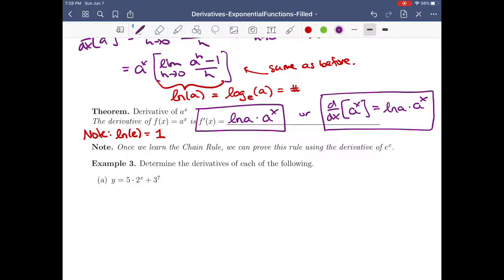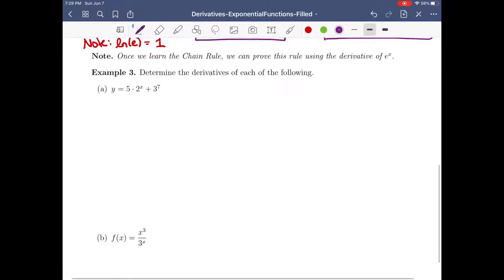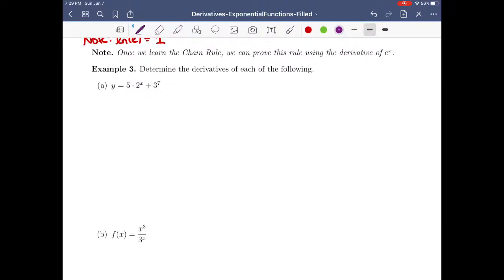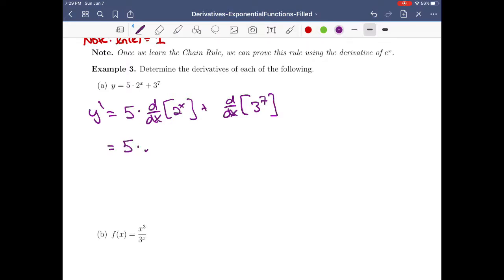So let's just do a couple of examples using this. Okay, so here y prime is going to be, I can pull out the 5, so it's the derivative of 2 to the x plus the derivative of 3 to the 7. Now the derivative of 2 to the x, I just told you, is ln 2 times 2 to the x.